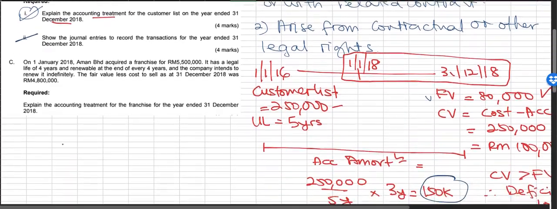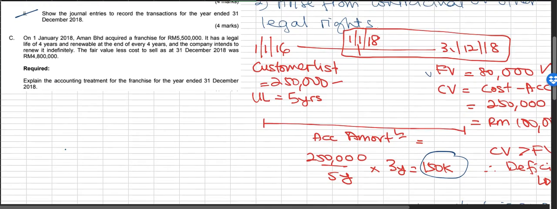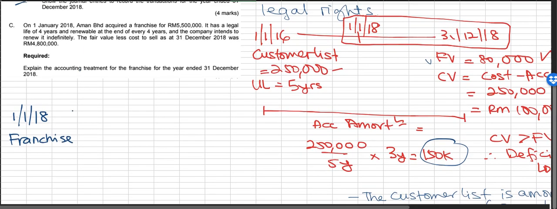Okay, C. On 1st January 18, Aman acquired a franchise. Remember for IA, only IA that is acquired externally can be recognized under MFRS 138. If the IA is internally generated, it cannot be recognized as an IA under MFRS 138. This is acquired at 5.5 million.